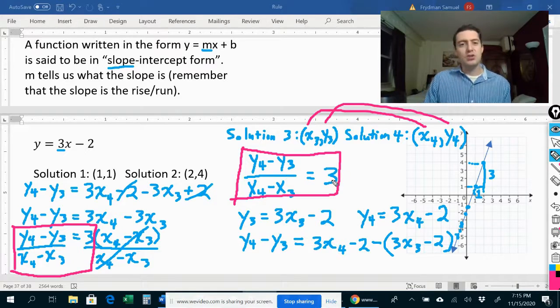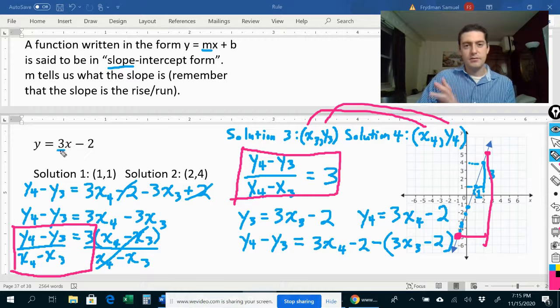It doesn't matter what the particular numbers are, as long as they are a solution to this equation and they're along this line, then the rise over the run for those two solutions, wherever they are, would give us 3, which is exactly what we have in this x term over here.